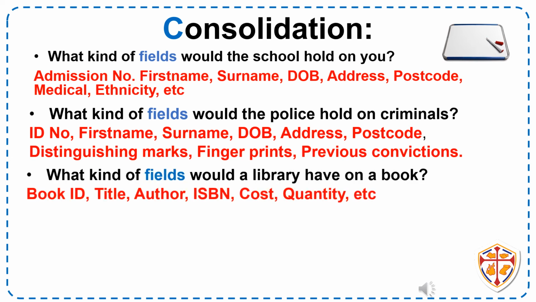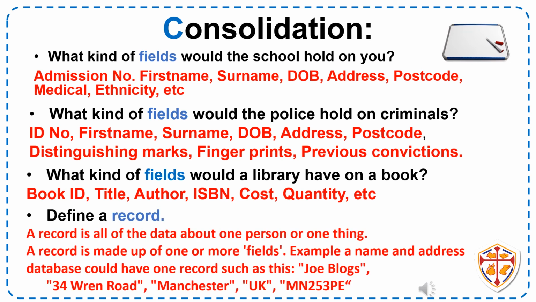What kind of fields would a database of a library have? Book ID, title, author, ISBN number, cost, quantity, how many they have in stock. Define a record.